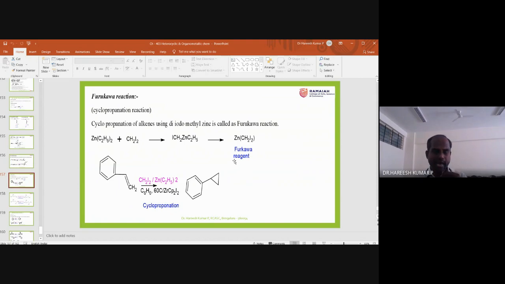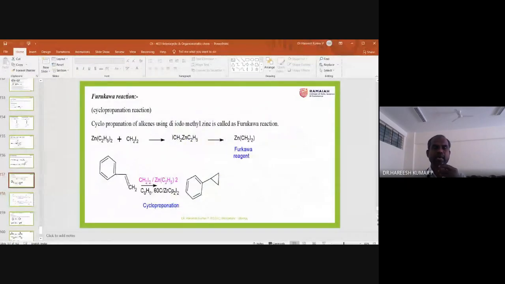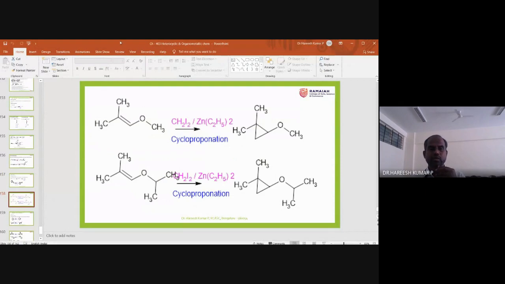So with this, I will go to the next slide. One more name reaction I am taking. Not the name reaction, but a few more examples of cyclopropanation. Look here, this is a methoxy, and both sides have methyl groups.